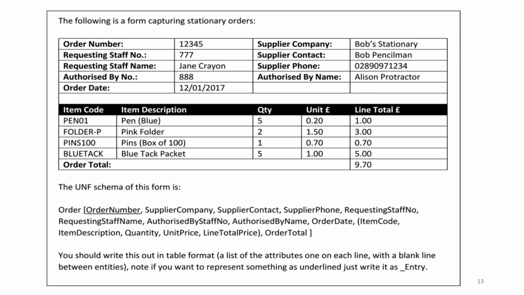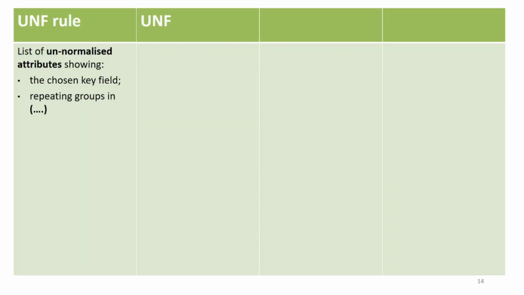So the question was, you should write this out in table format, a list of attributes, one on each line with a blank line between entities. Note, if you want to represent something as underlined, just write it with an underscore and your word. So this is the question. We're going to see what the stages are to get the normalized form.